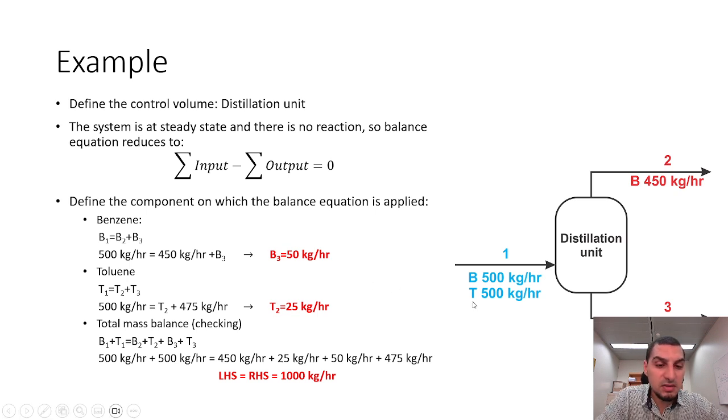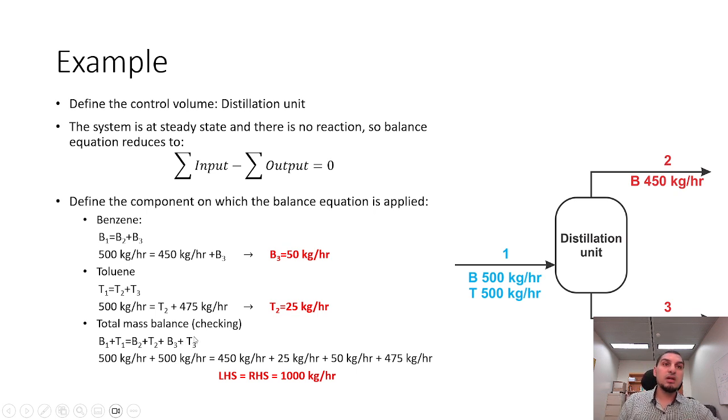I have here benzene and toluene. We use two equations to calculate all the missing variables. We have one extra equation, which is the total balance, but the total was dependent on the previous two equations. If you add the equation of benzene to the equation of toluene, it's going to give you the total mass balance.